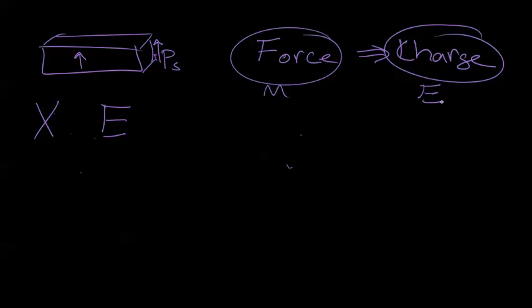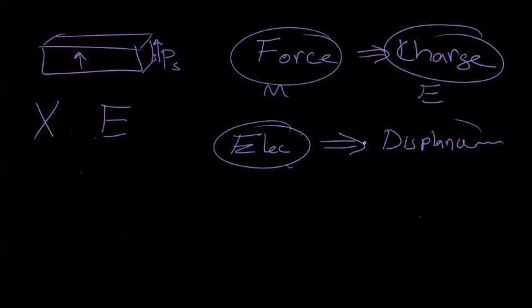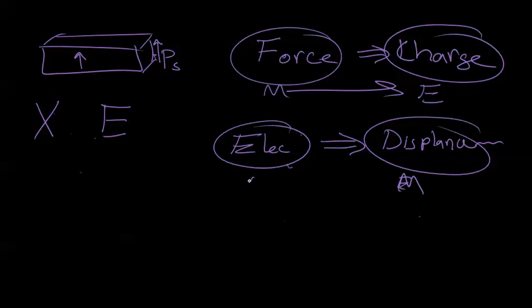On the other hand, we can apply an electric field to a piezoelectric material and we can get displacement. So it's because of this type of interaction we can go from mechanical to electrical, or in this case, electrical to mechanical. So we can go back and forth between these two types of energies. And this makes piezoelectric materials known as a smart material.